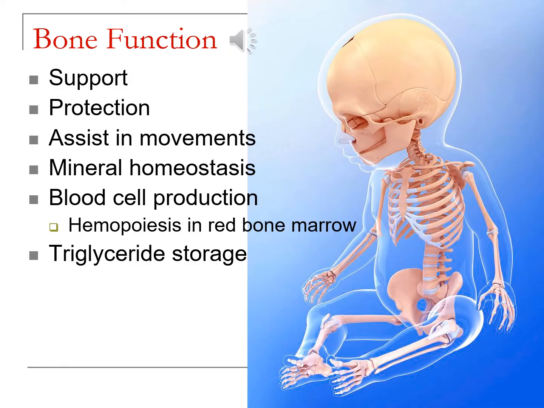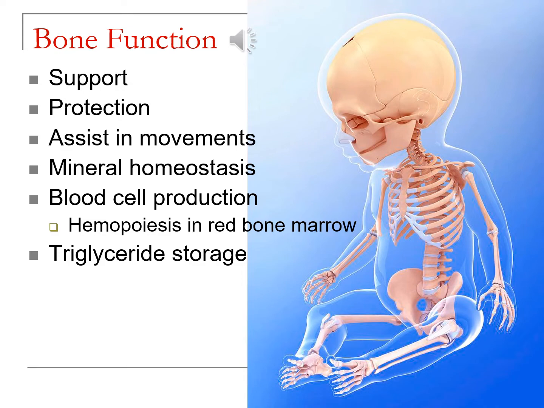So the tissue releases or stores these different types of minerals accordingly. When the body senses that a type of mineral has decreased, then the bone will release the stored mineral to maintain the balance or homeostasis.